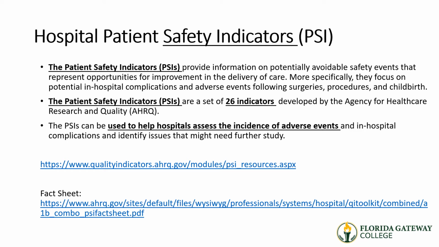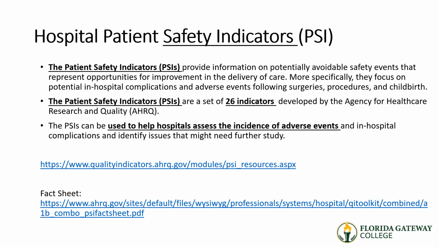But just to give you an idea of a few, these include grade 3 and 4 decubitus or pressure ulcers, any retained surgical item, or what we call a surgical souvenir. This is when a sponge or something else is left in a closed surgical wound after the procedure.